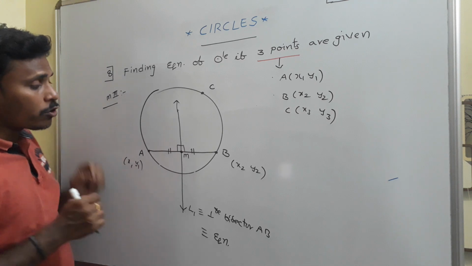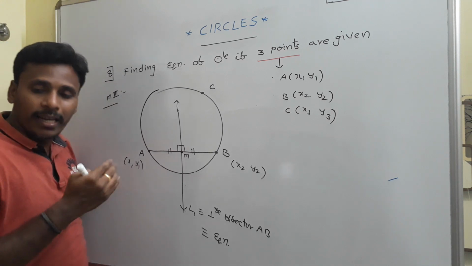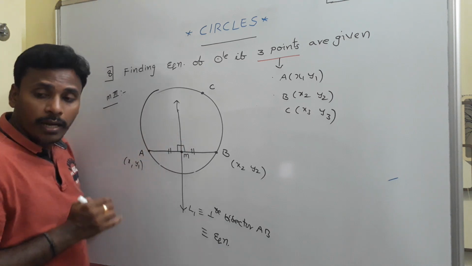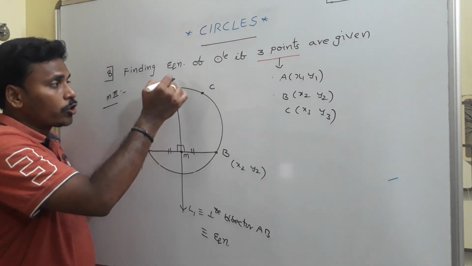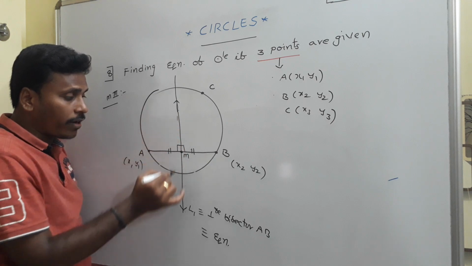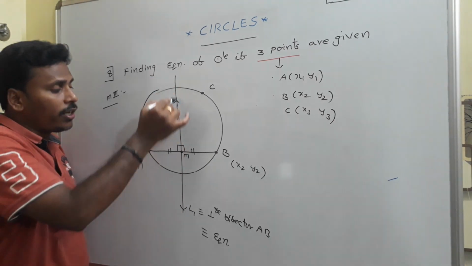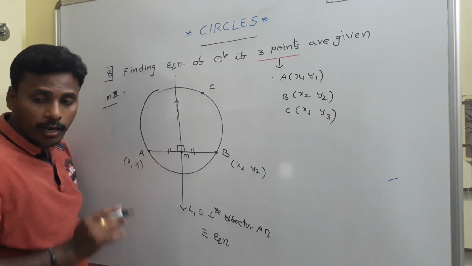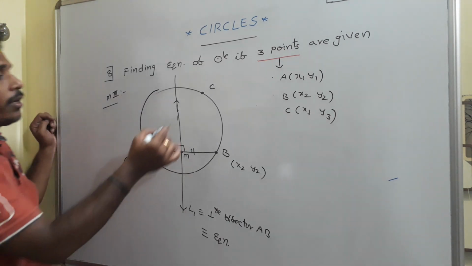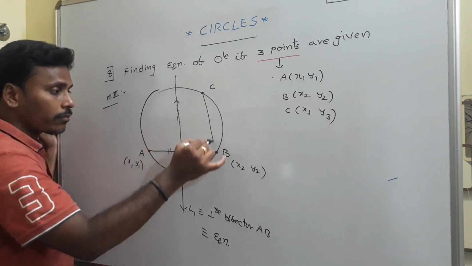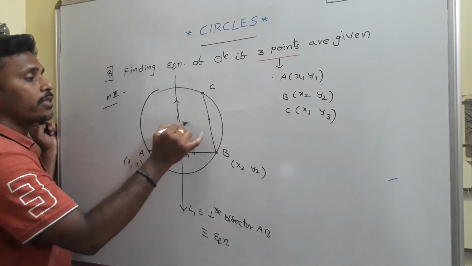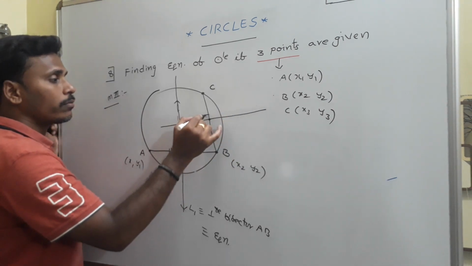So we need to find the equation of this perpendicular bisector. From the properties of circles, which you learnt in your earlier classes, the center of the circle always lies on the perpendicular bisector. So this is the perpendicular bisector for the chord AB. Surely the center lies somewhere on this perpendicular bisector. Now you just join BC also. After joining BC, you find the perpendicular bisector for BC also.